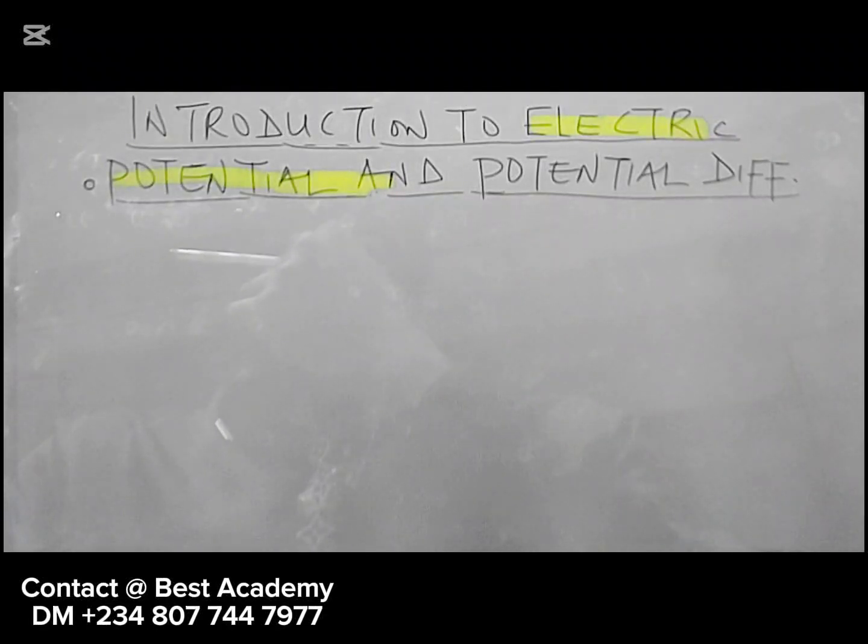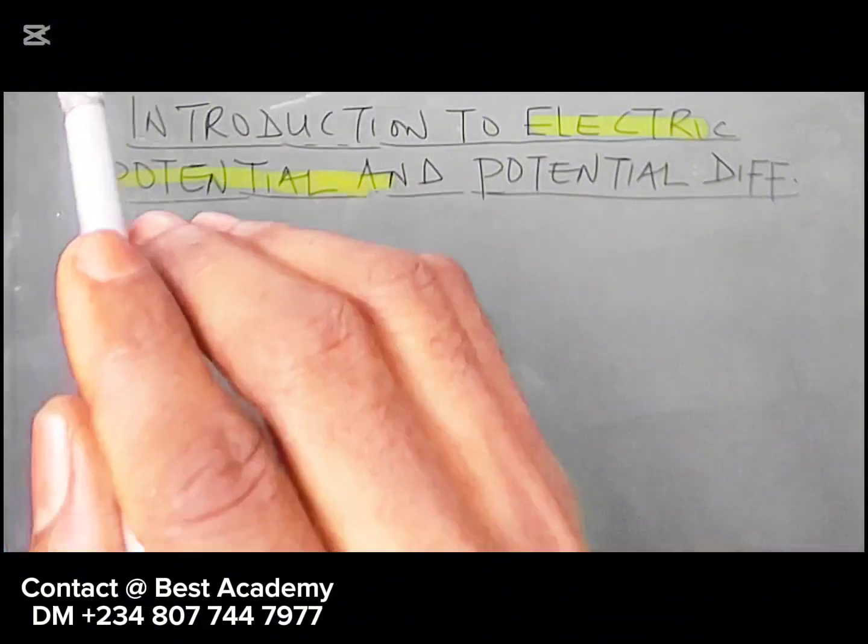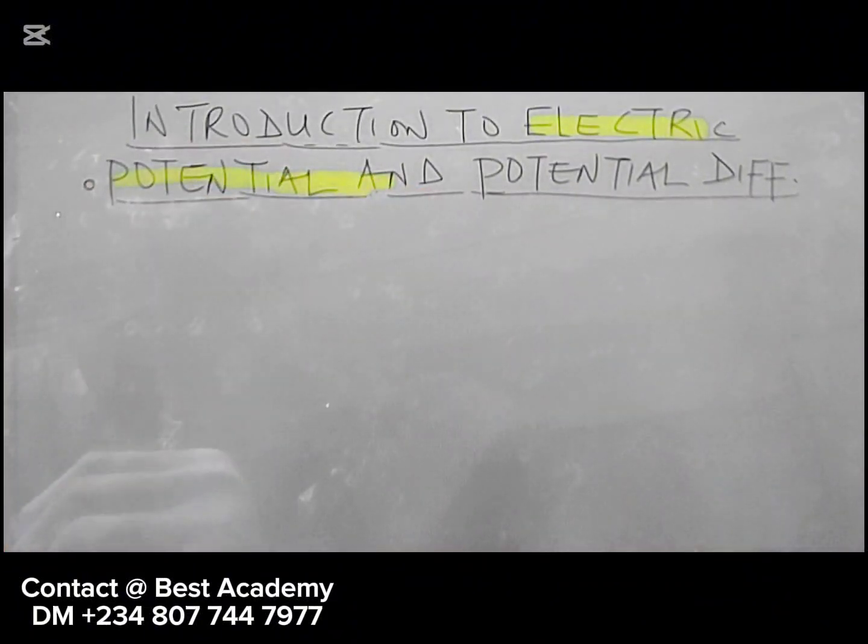Electric potential can be defined as the amount of work done per unit positive charge. The amount of work done, that is work done.